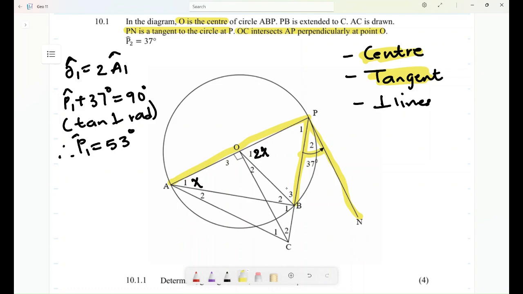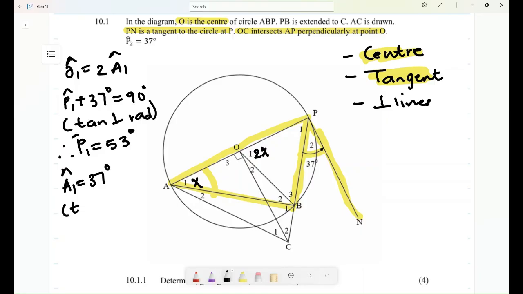So you all agree with me that this angle here between a tangent PN and a chord PB, which is 37 degrees, is equal to the angle that the chord PB subtended at the circumference, which is A1. So we can say angle A1 is equal to 37 degrees.